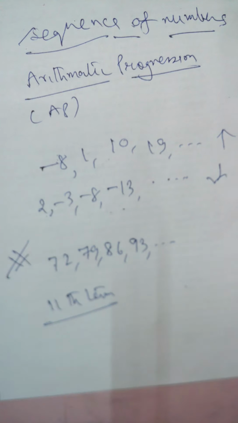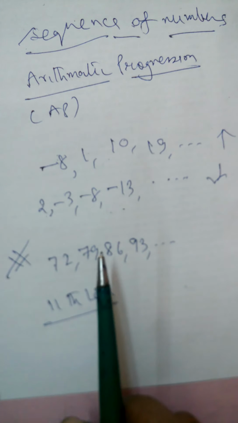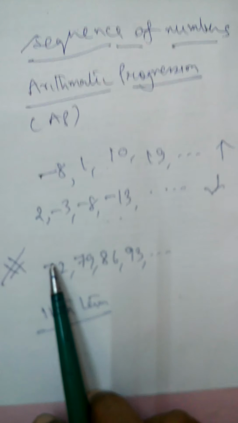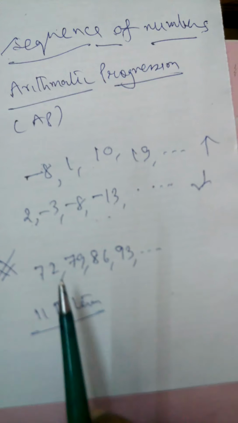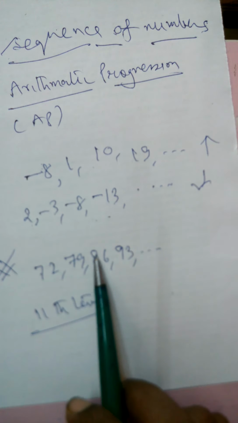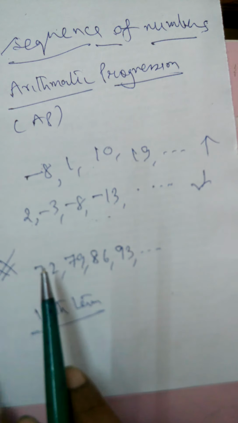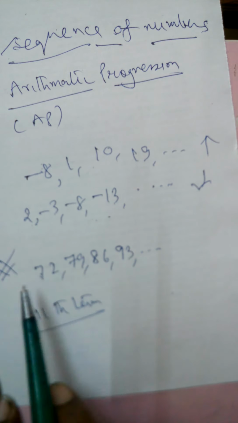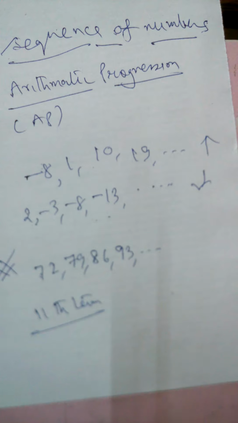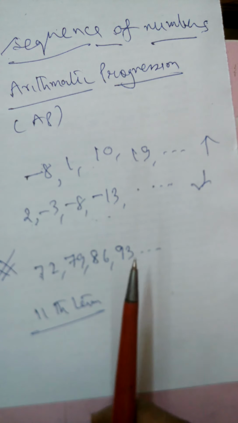I'm not using any formula, just observing and thinking. Each gap is 7: first and second gap is 7, second and third is 7, third and fourth is 7. So from 72 to 93, there will be 3 gaps, and 93 is the fourth term.